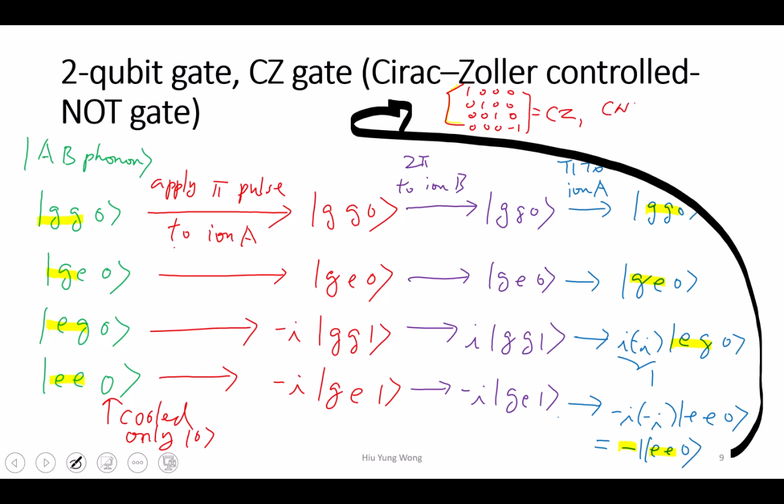And we know that the control NOT gate, as we discussed earlier in the spin qubit case, is equal to I tensor product H times control Z gate times I tensor product H, which are just two separate one-qubit gates. Okay, so we've implemented the control NOT gate. So that's all we want to discuss about the trapped ion qubit.